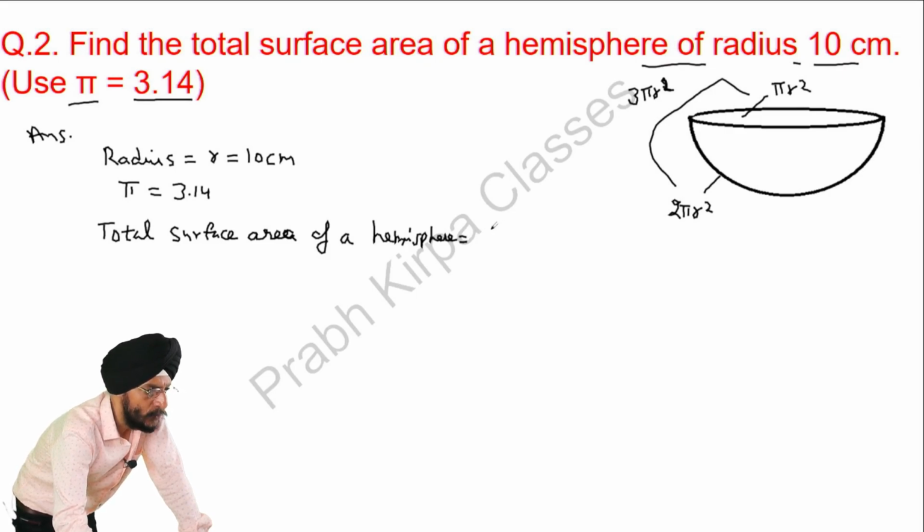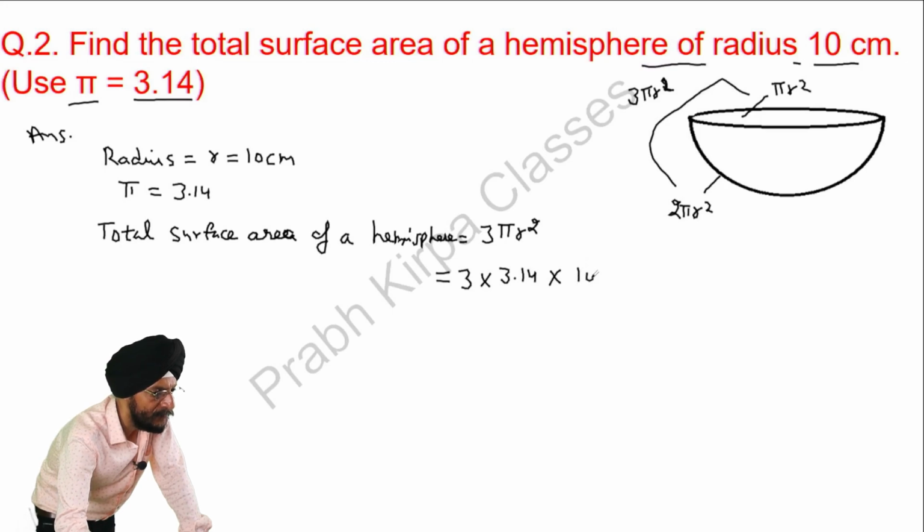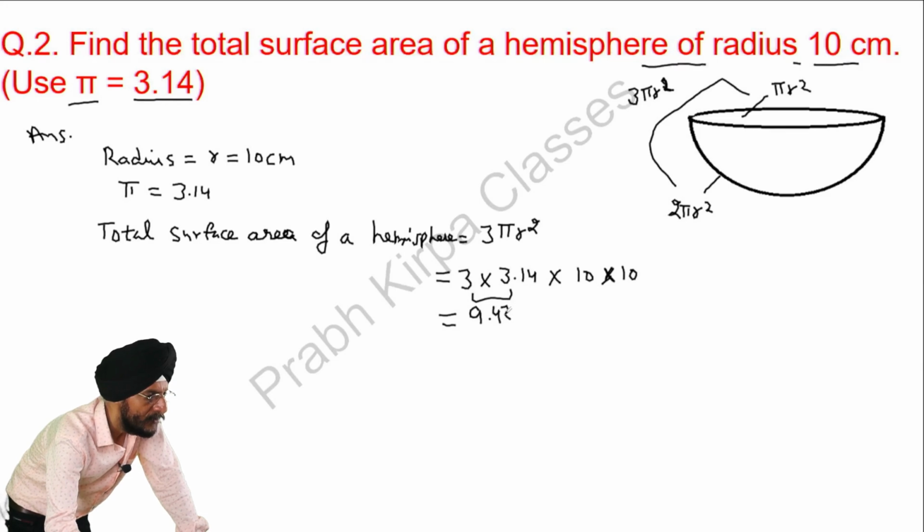You know that the total surface area of a hemisphere can be calculated by the formula 3 pi r square. So now we will substitute the values. What is the value of pi? It is 3.14. What is the value of r? It is 10. Here r square is written, so we will multiply it by r again. So now this will become 9.42 into 100.